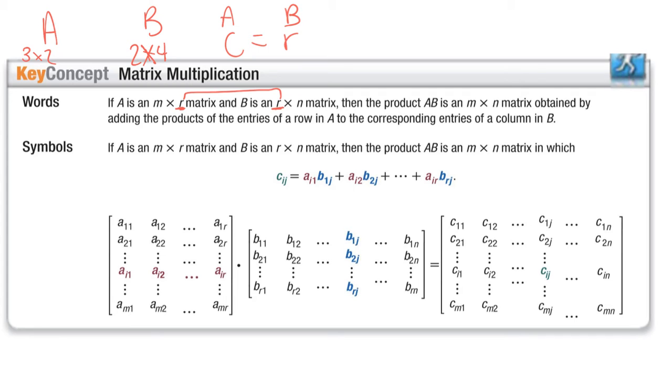Now, if it didn't match, for instance, this first one, if we try to do B times A, that would be a 2 by 4 and a 3 by 2, which doesn't match, so that's not possible, okay? So matrix multiplication is complicated in the way that the order does matter, so make sure you're aware.